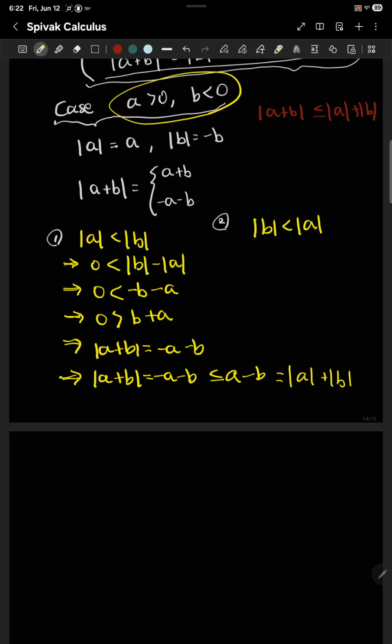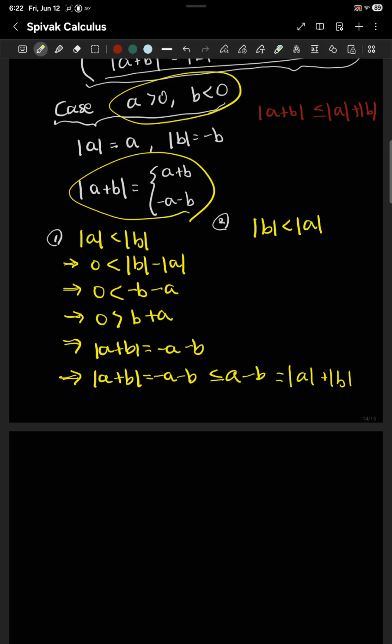So that means the absolute value of A plus B is equal to negative A minus B by the definition of the absolute value here. And then because A plus B is negative A, negative B, negative A minus B, this is less than or equal to A minus B.